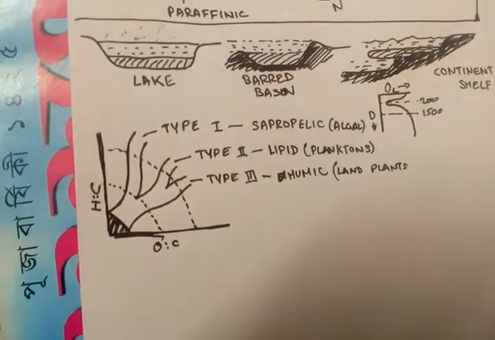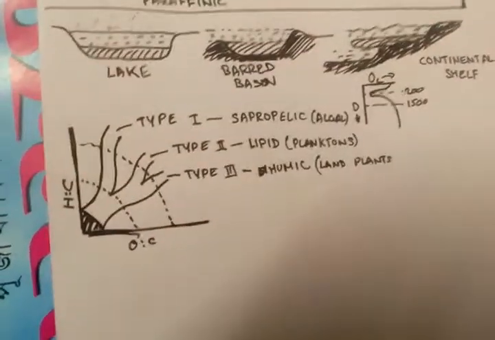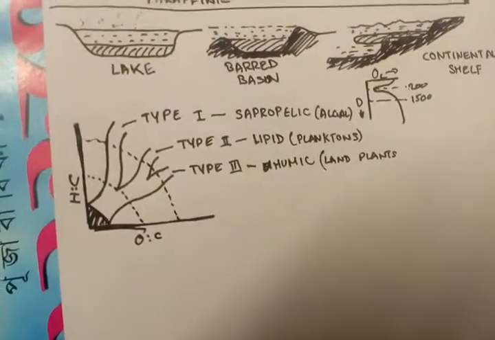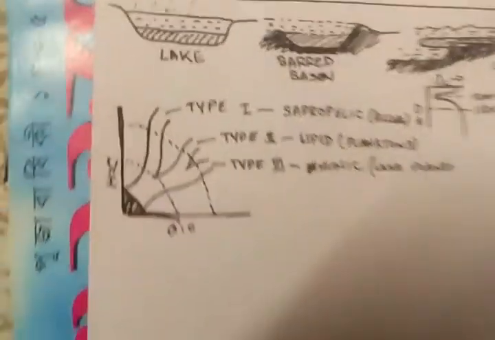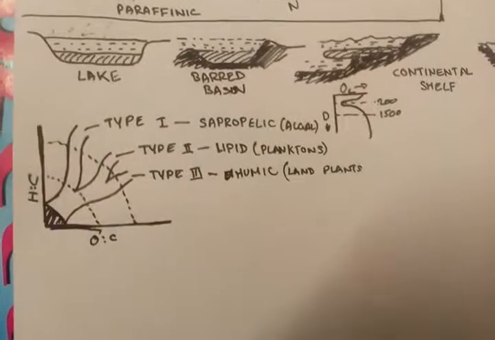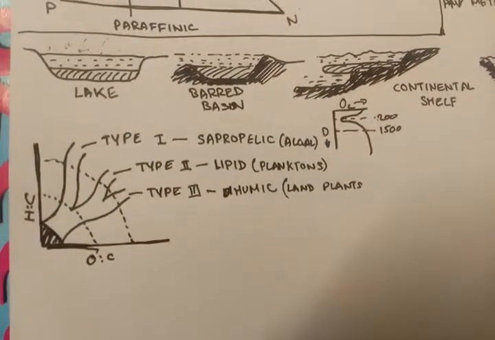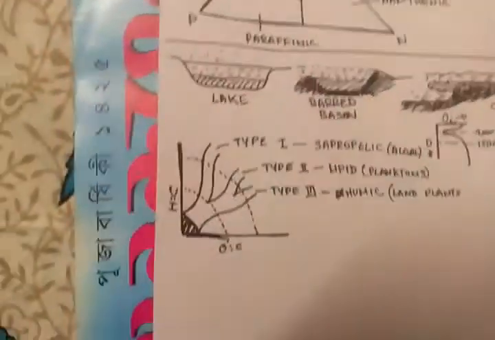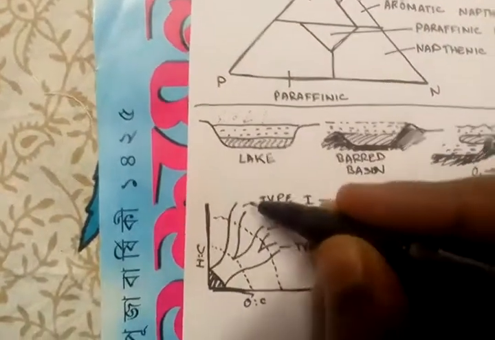Humic kerogens have a very high content of lignin. Under certain circumstances, this lignin undergoes diagenesis to form coal, and for that it has to be buried as peat. So these are the three types of kerogens.